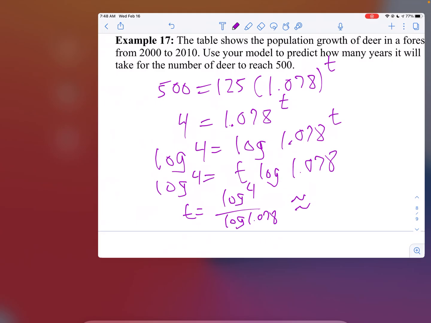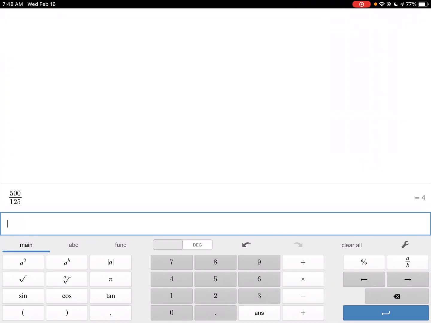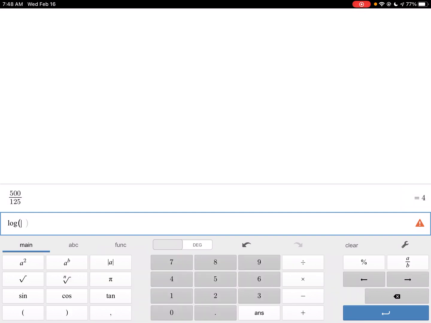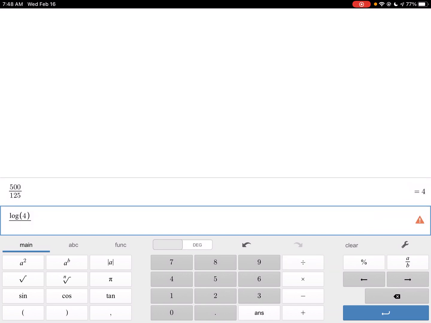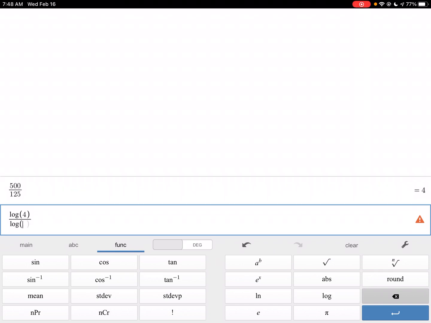So if I take the log of 4, and I think I have to go to functions to get to my log. Oh, there it is. So I'm going to take the log of 4 divided by the log of 1.078.